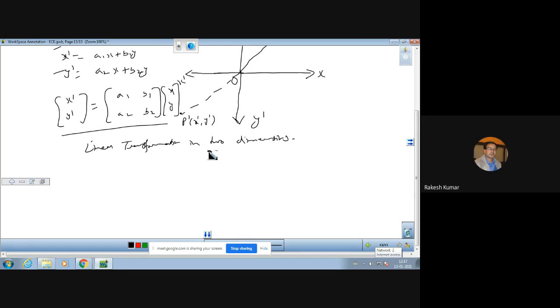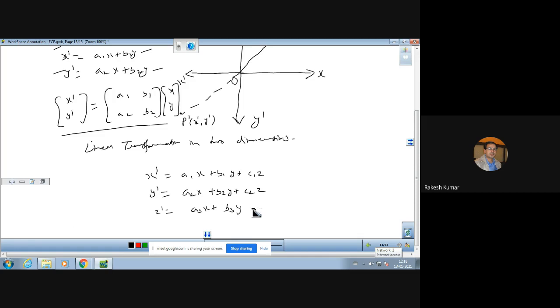Similarly, this is the relation in terms of x and y. Similarly, we shall have a relation in terms of x, y, and z. So x dash is there, y dash is there, and z dash is there.